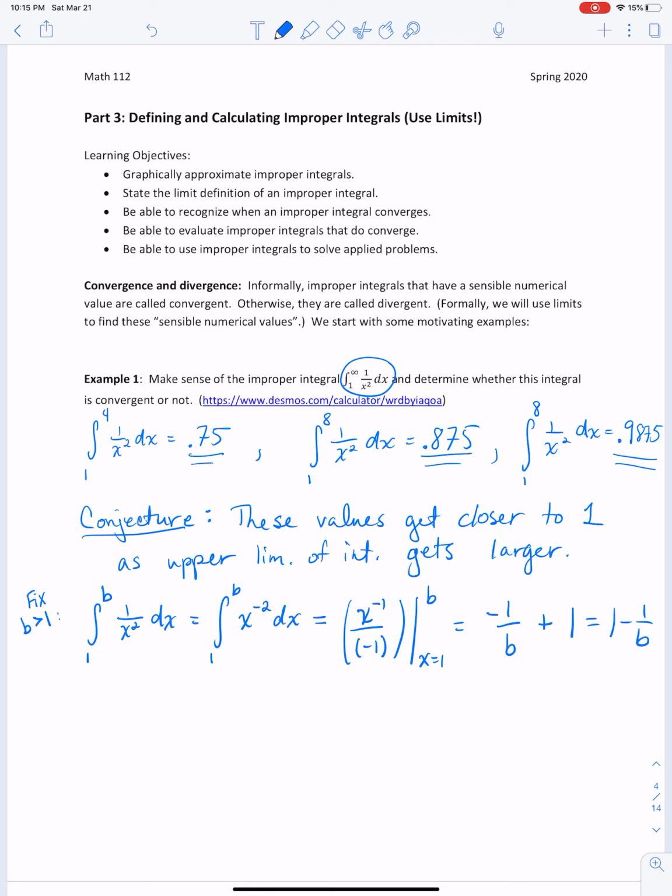So then, if we consider the limit as b goes to infinity of the integral from 1 to b of f of x dx, this is just going to be the limit as b goes to infinity of 1 minus 1 over b, and that's, of course, just 1 because 1 over b goes to 0.